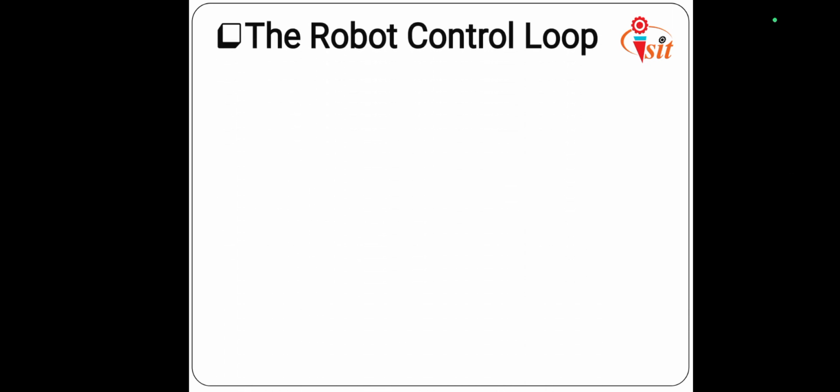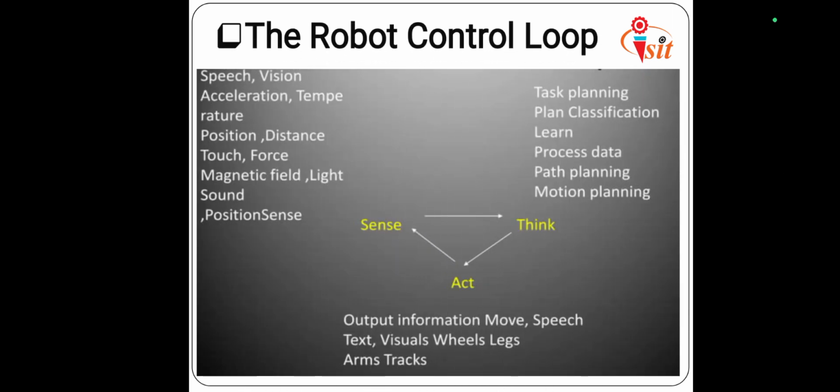The robot control loop. This is the robot control loop which is shown in the picture. First, sense, think and act. Different sensors are fitted to the robot which sense speech or voice, vision, acceleration, temperature, position, distance, touch, force, magnetic field, light, sound, etc. By sensing, that data is given to the computer.